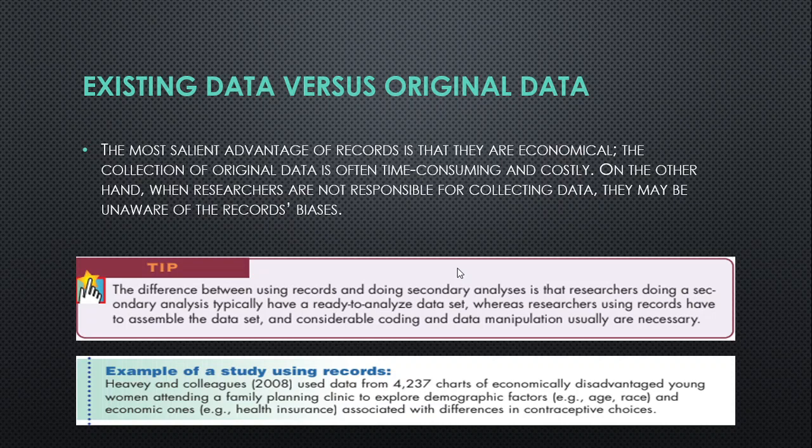Example of a study using records: Hebert and colleagues in 2008 used data from 4,237 charts of economically disadvantaged young women attending a family planning clinic to explore whether demographic factors, for example the age, the race, and the economic ones, and health insurance are associated with differences in contraceptive choices.